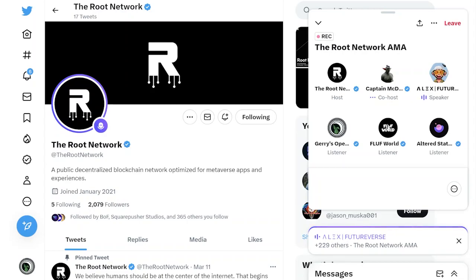Can you explain, like I'm 5, why the Root Network is a better decision than an Ethereum layer 2? Yeah, it's an odd question to begin with, because in a way it kind of is a layer 2 to Ethereum. The Root Network performs 2 functions. It's its own layer 1, capable of supporting its own applications and runtimes natively, but also can act as a layer 2 to other chains.